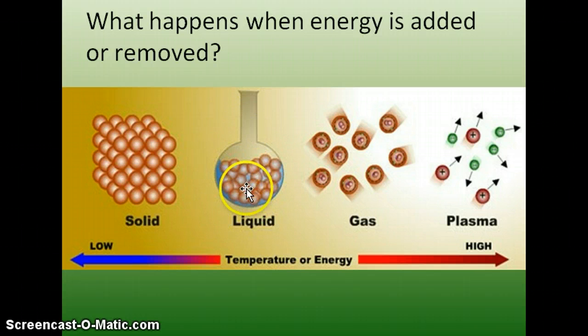They take the shape of their containers, and if we add even more energy, they become gases, and they overcome those attractions, and they can move around independently. Plasma has a very high level of energy, and along with the particles in plasma we have electric particles.